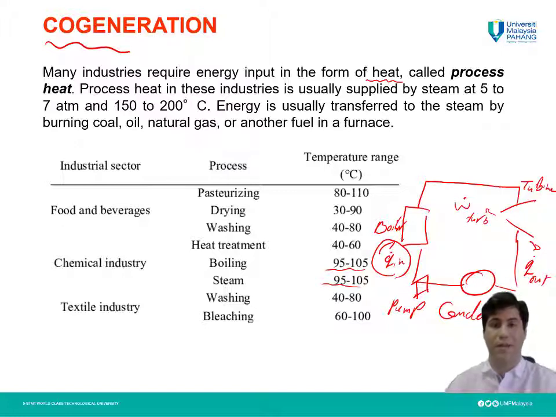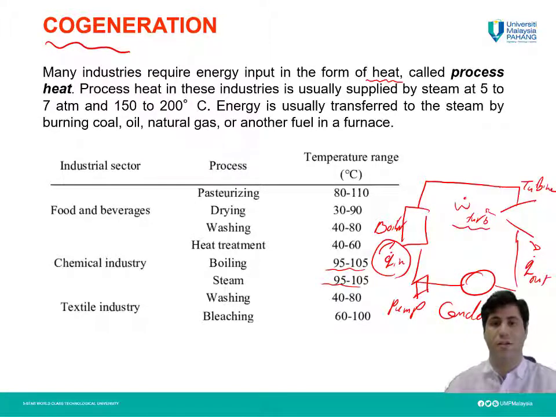It depends on the efficiency of this Rankine cycle, but just a small amount of the energy given to the cycle as Q dot in is converted to W dot, the useful work of the cycle.